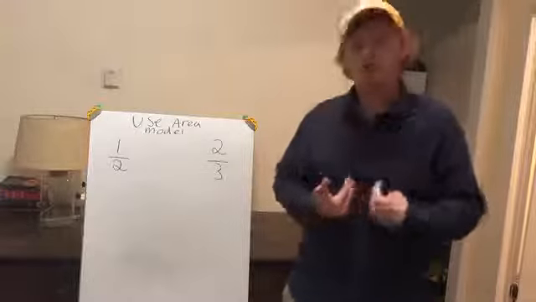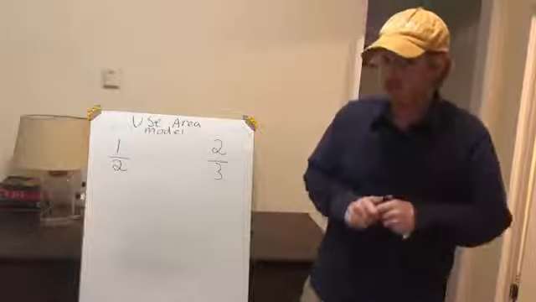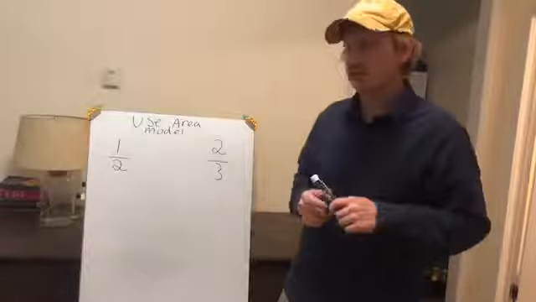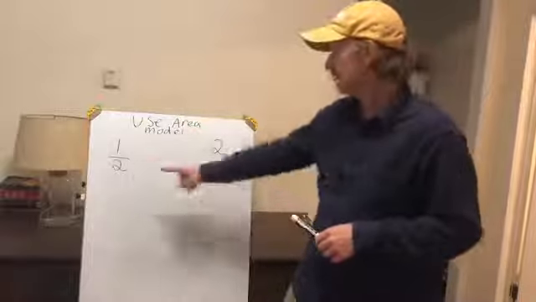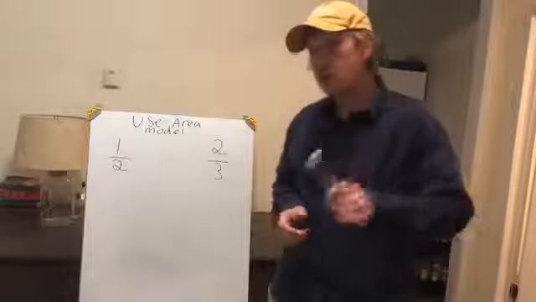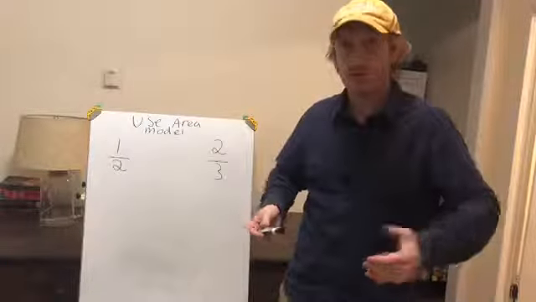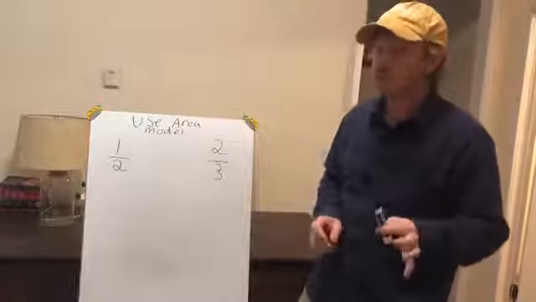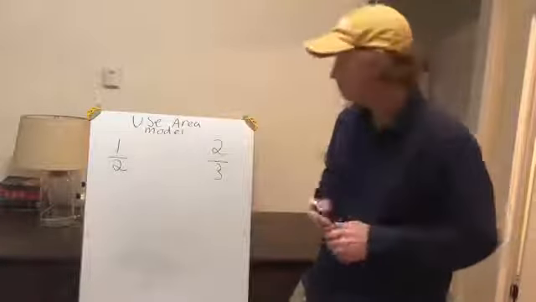I'm going to do the first question of the Google document as one more example. So the first question asks us to use the area model to compare these two fractions. Now it's a Google document, so you might not be able to draw on the actual web page, but you can still use a piece of paper to do the problem the correct way. And this is what you do.